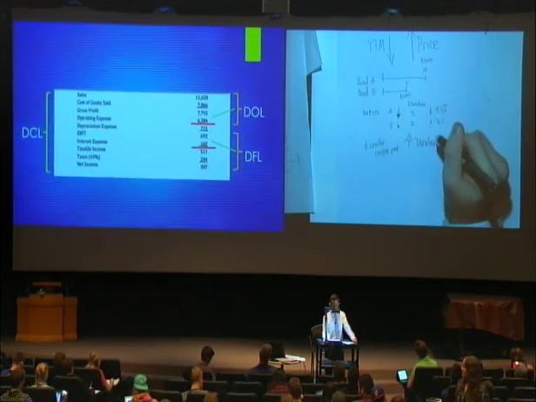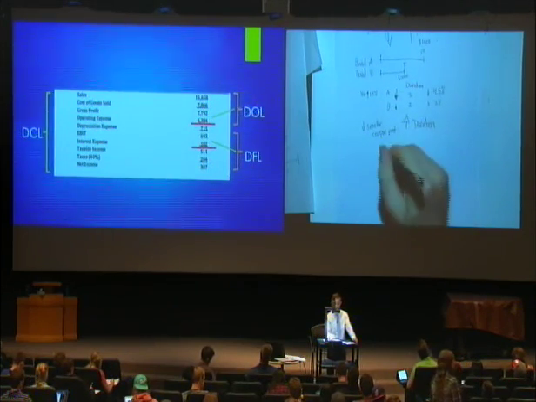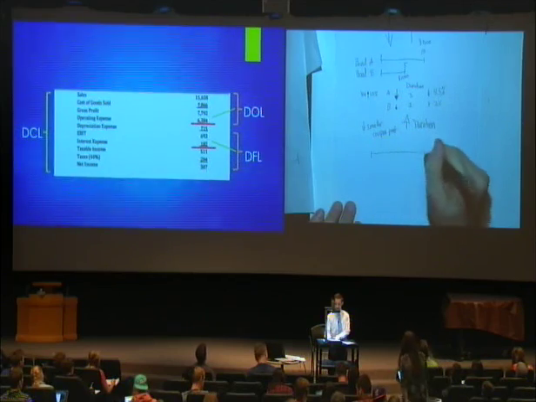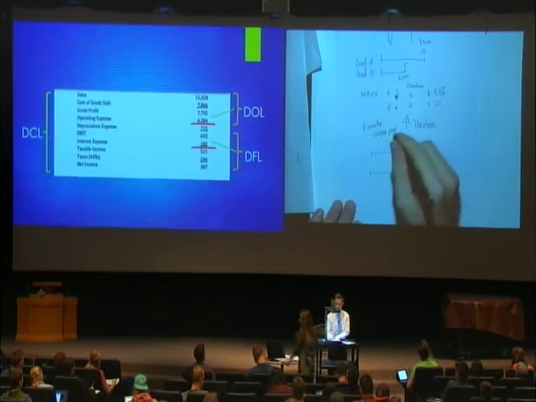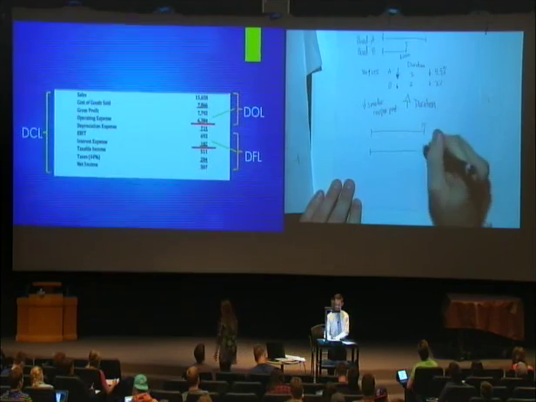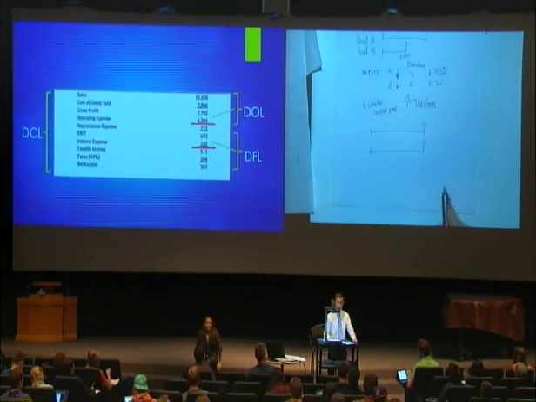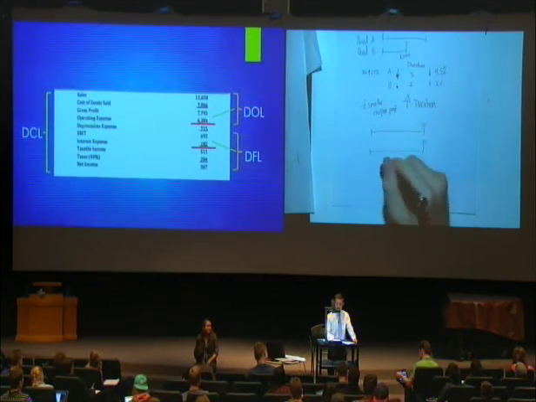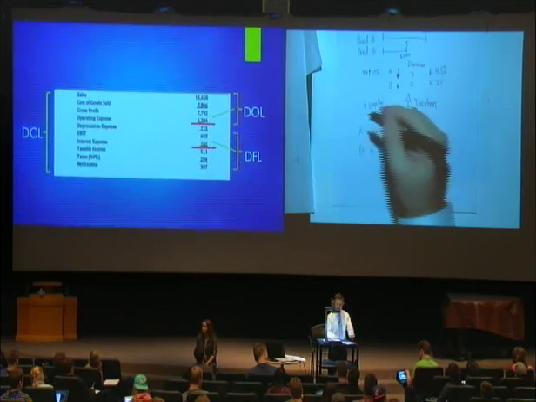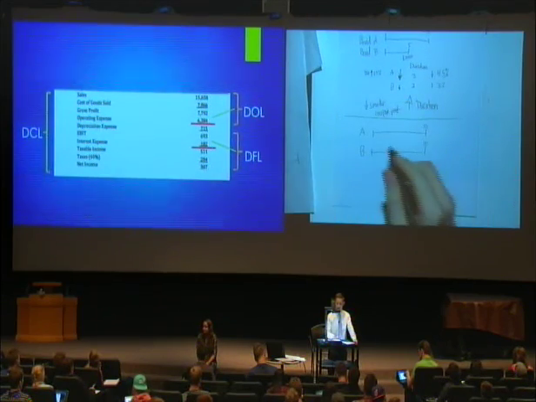Okay? So if I have two bonds that are both 10 years, A and B again. So this is kind of a new concept.